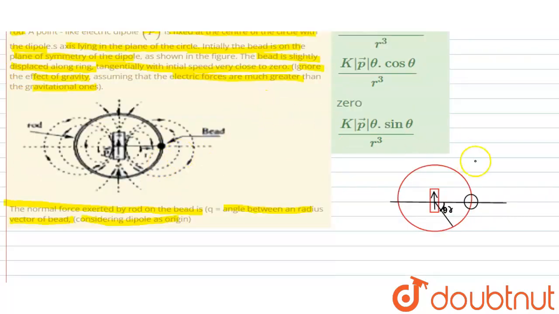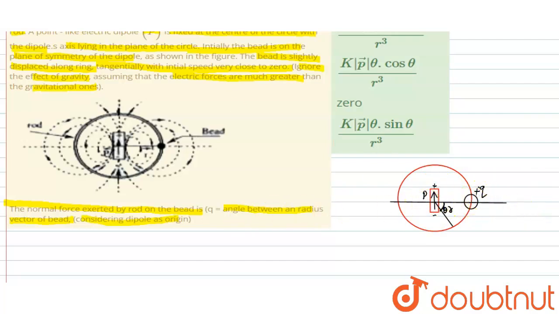And in the question it is given that the bead is charged, let it be Q, and the dipole moment is P. Here is the positive and this end is the negative charge. So it is a dipole and this is a bead having charge Q.